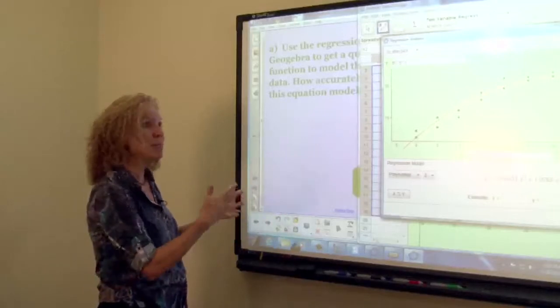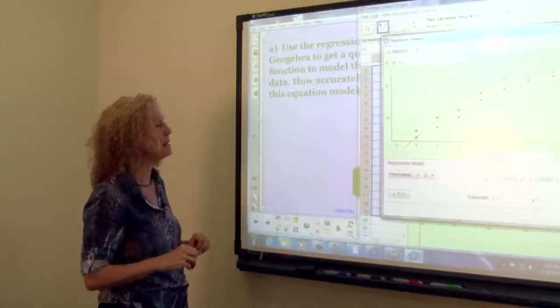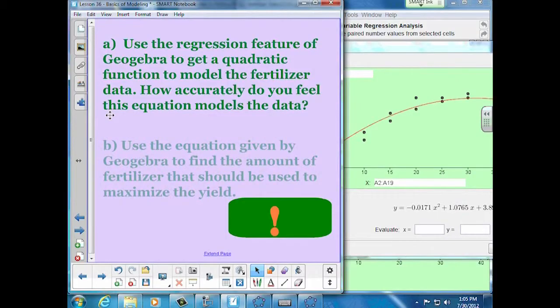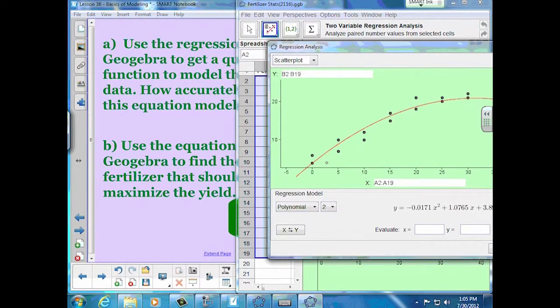So it's probably pretty good when we're simply looking at that one factor. Use that equation to find the amount of fertilizer that should be used to maximize the yield. We see these questions all the time in our algebra work, don't we?